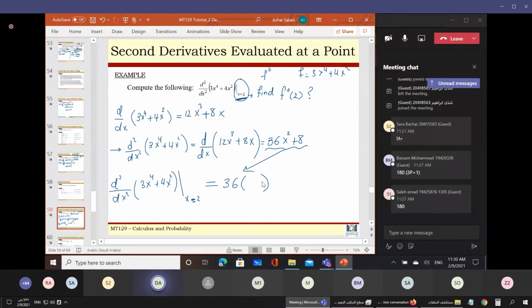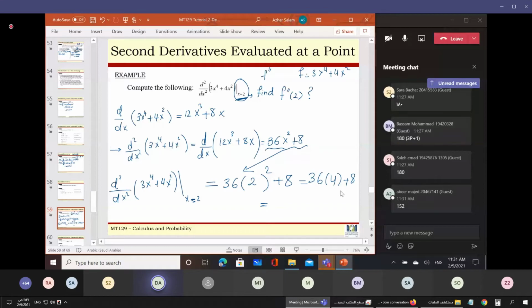Substitute with x equals 2, which is 36 multiplied by 2 squared, 4, plus 8, and find the result. What's the result? Try to compute it. 36 multiplied by 4, then add 8.